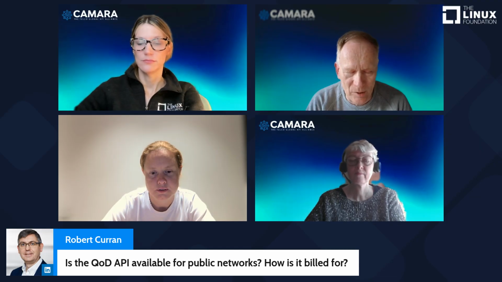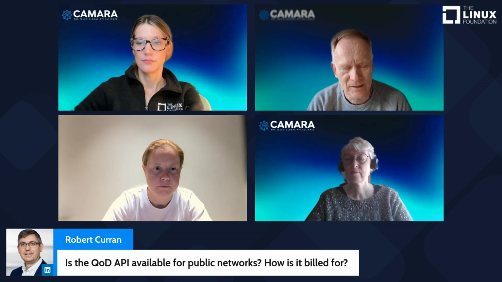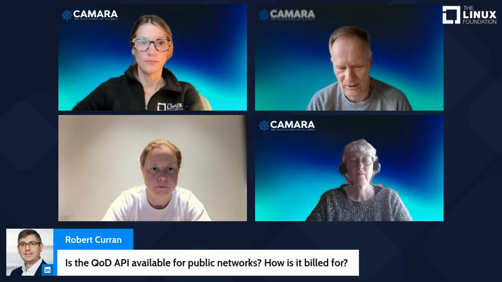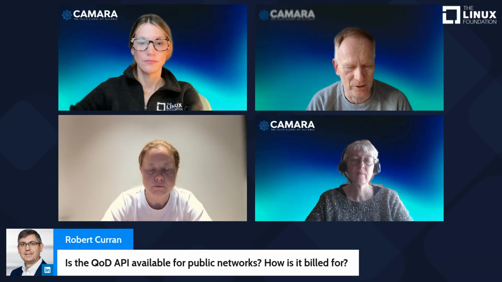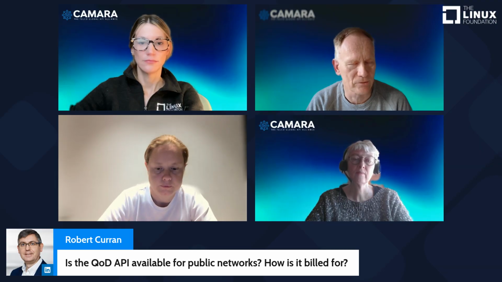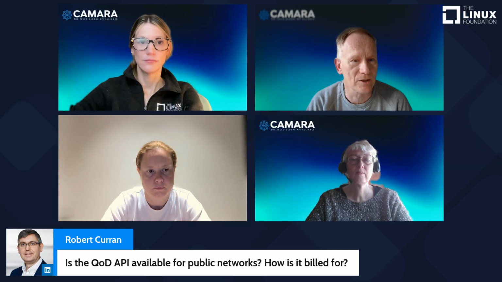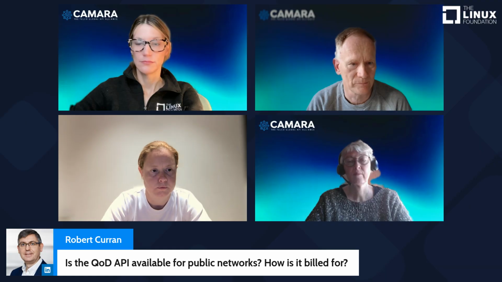That's one example of how you can do it, but there are other ways also without a network exposure function. On public networks, yes, this is the intention, and we are currently agreeing within the markets on the first profiles, which we will offer then also across the markets.